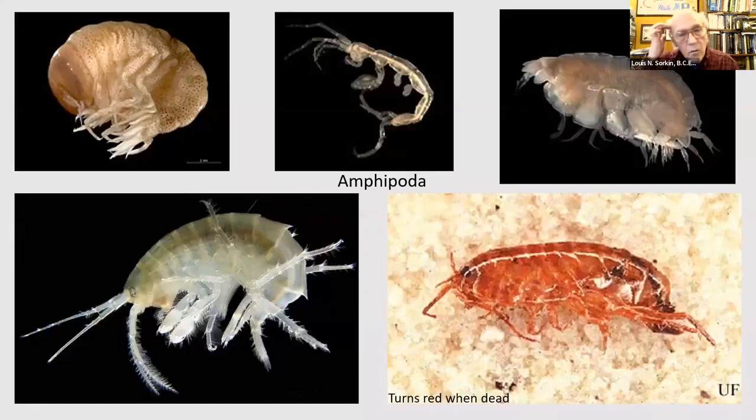The first thing to go over are amphipods, because sometimes people in Florida will find these in the home or in the lawn. They're known as lawn shrimp, sand shrimp, some other names. These are flattened, bilaterally symmetrical, and laterally flattened, like fleas.